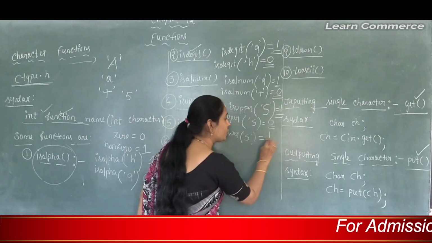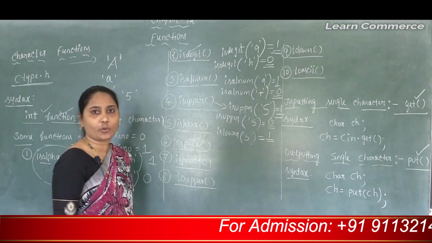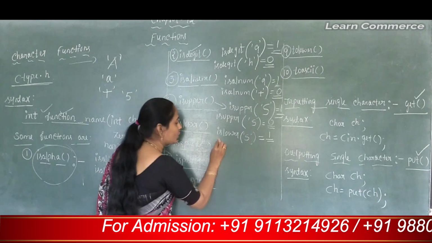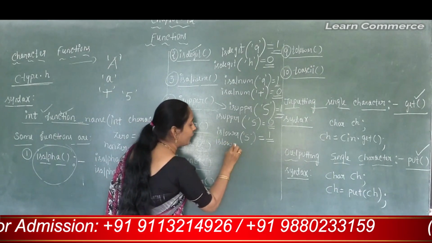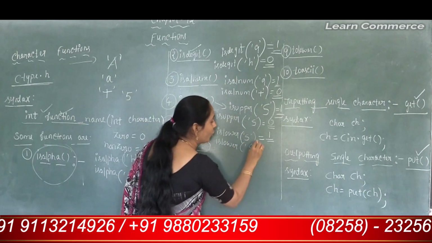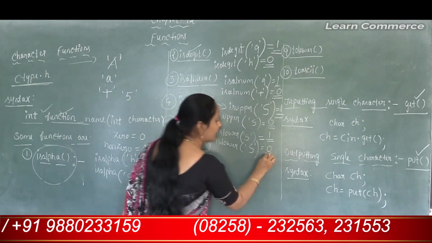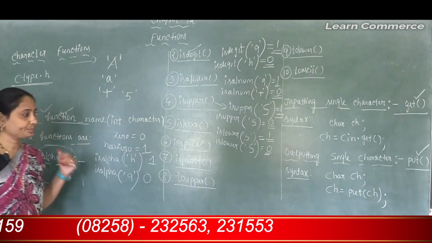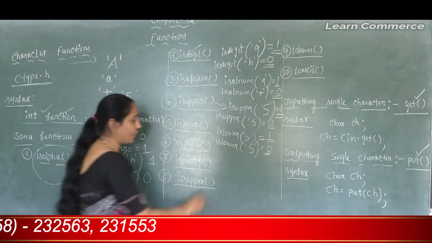And later it is going to return the result equal to 1. If you take capital letter S, the result is equal to 0. So clear this point here, okay.